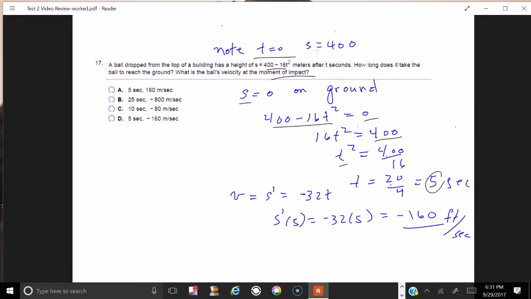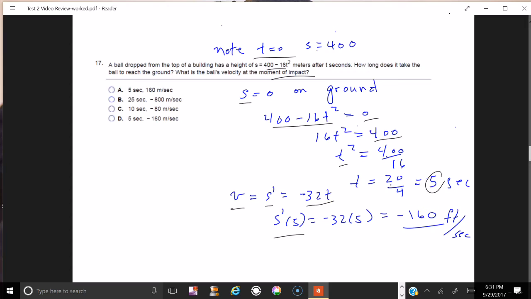So to calculate the velocity when it hits the ground, we need to calculate the equation for the velocity, which is the first derivative of the position, which is minus 32t.